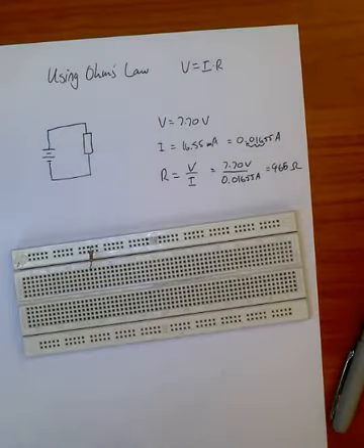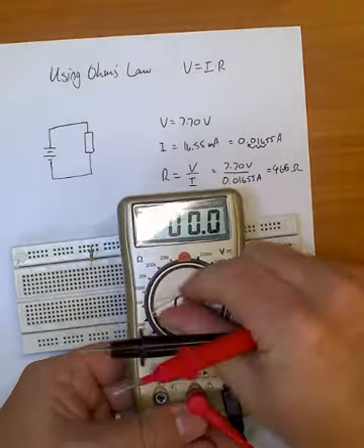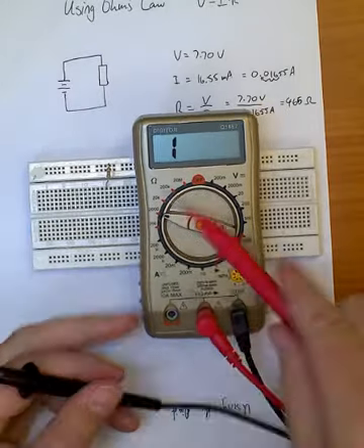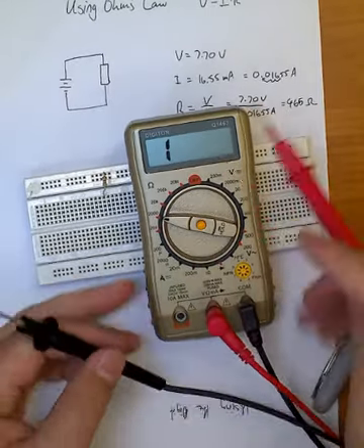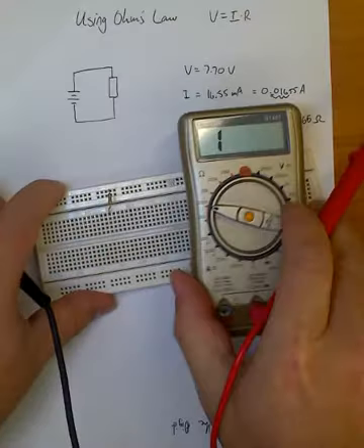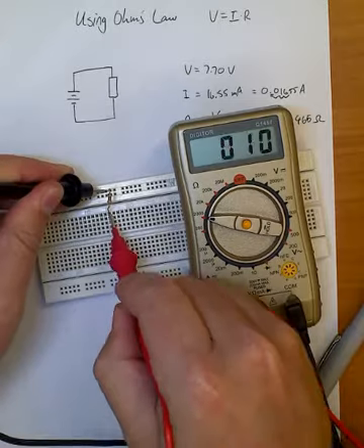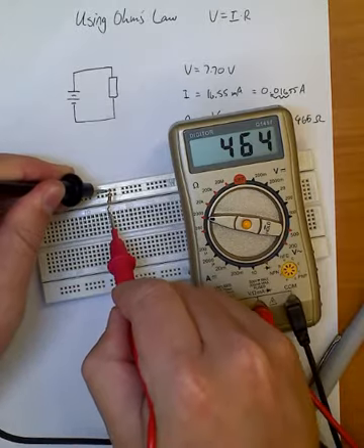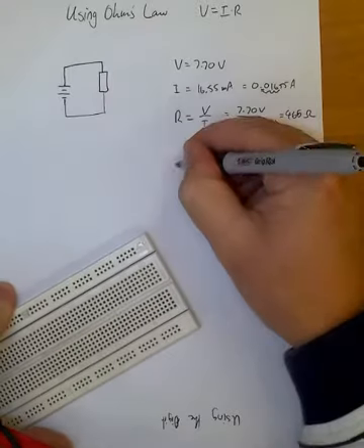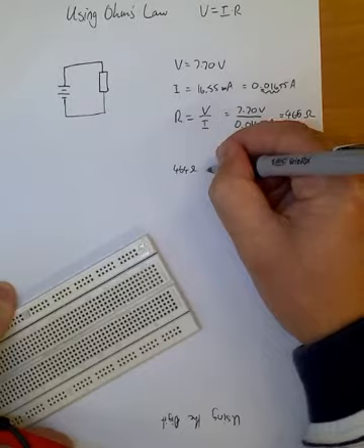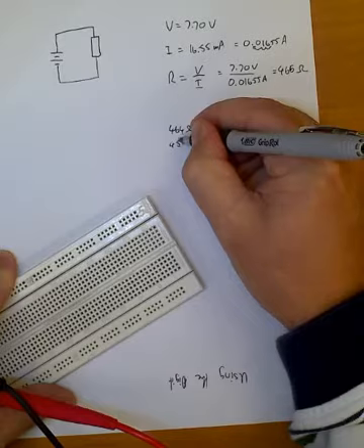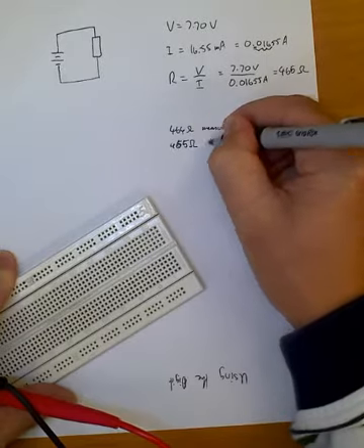And now we're going to put my meter onto the ohms. I'm going to set it to 2000 ohms because I know it's not going to be larger than that, and 464 ohms. So 464 ohms was measured, and 465 ohms calculated.